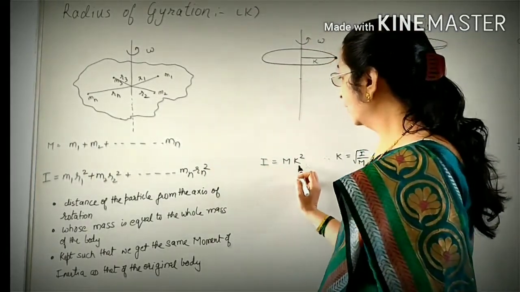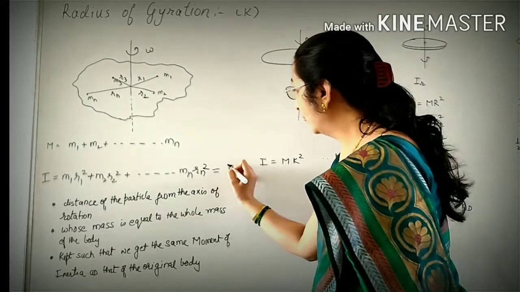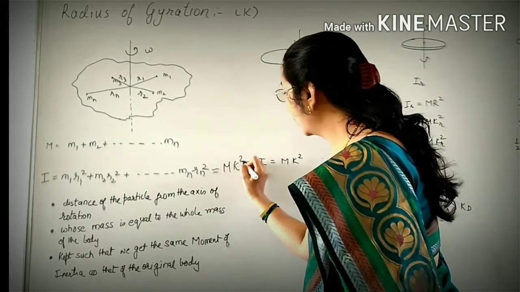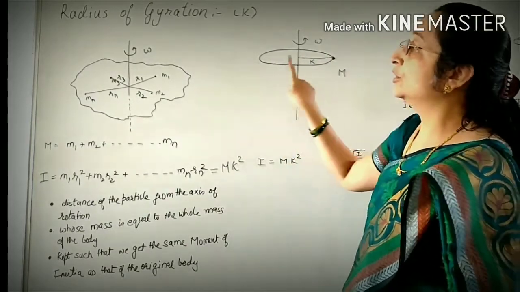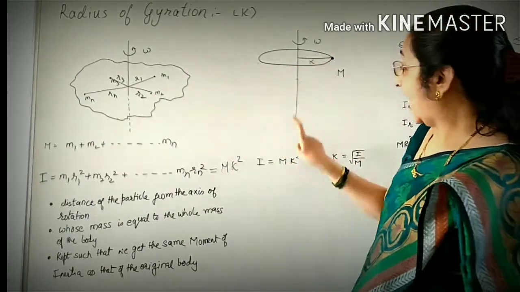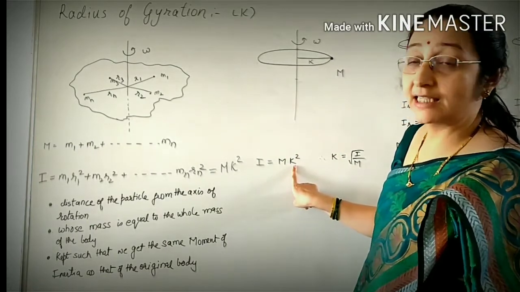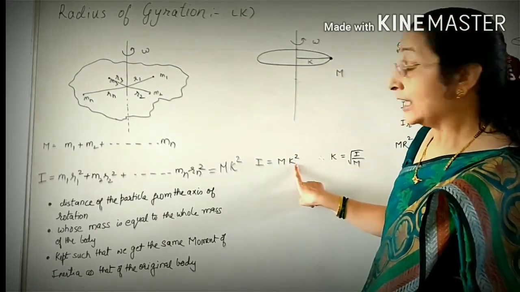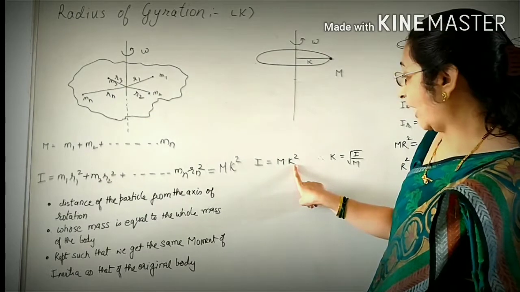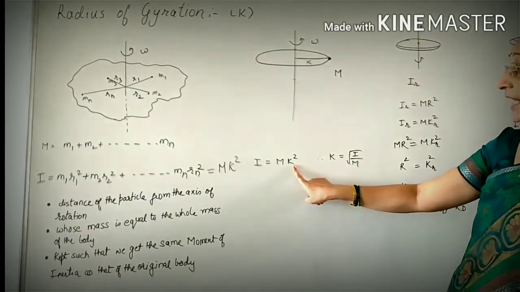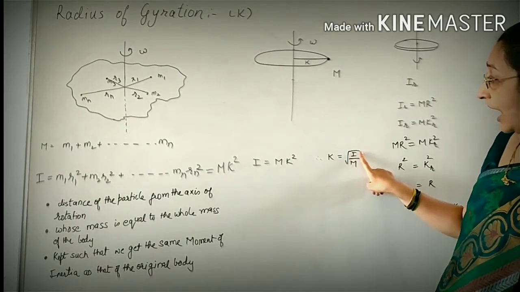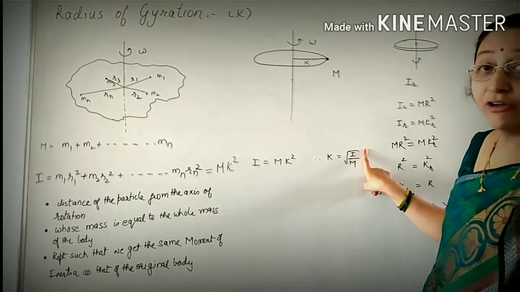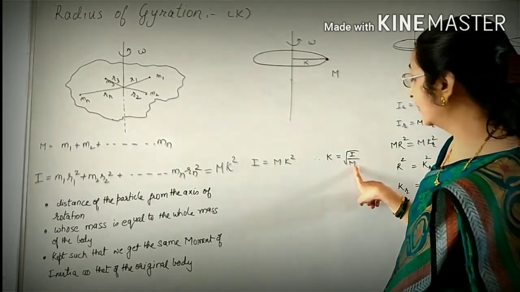So this is also equal to mk square. In such a case this k is the radius of gyration, k is equal to the square root of I by m, where I is the moment of inertia and m is the mass of the body.